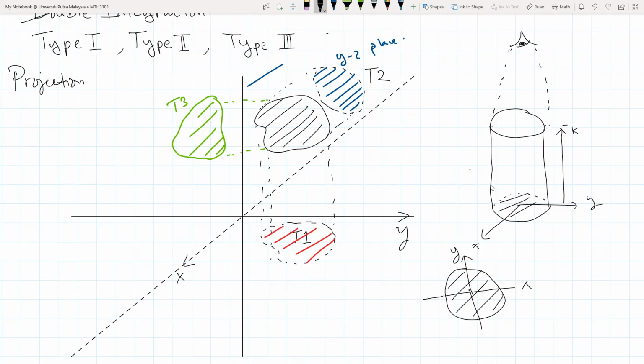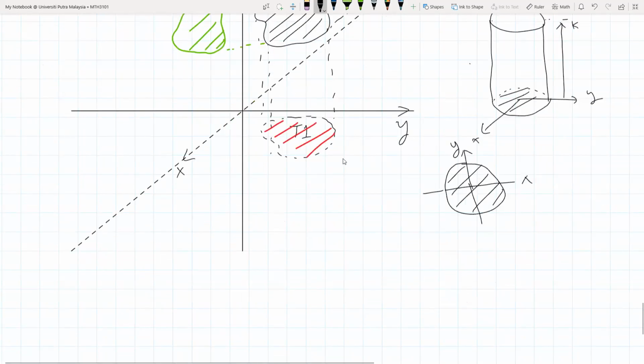Okay, now let's change the position of this pipe into this position.